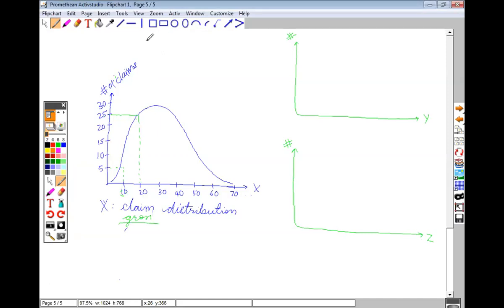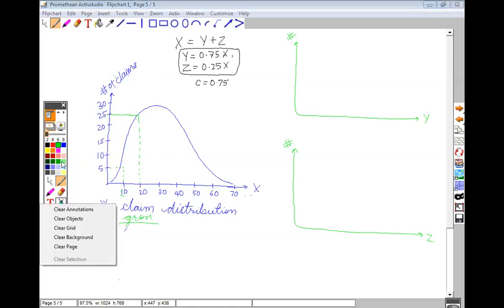X is equal to Y plus Z, and let us say that my Y is equal to 0.75 of X, and then subsequently my Z will just be 0.25 of X. So my C here is 0.75. This is what I'm looking at right now.